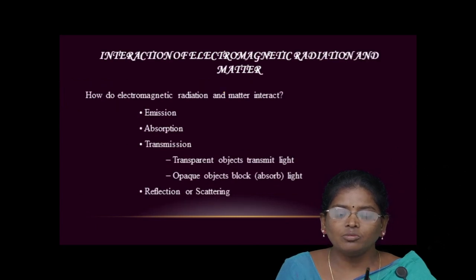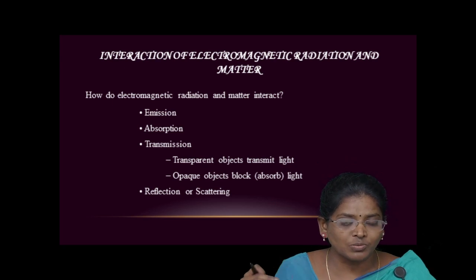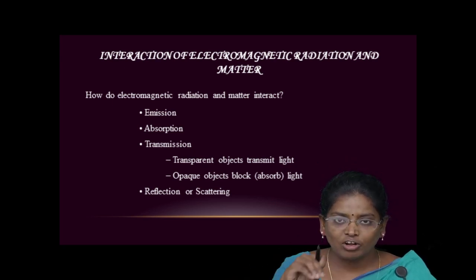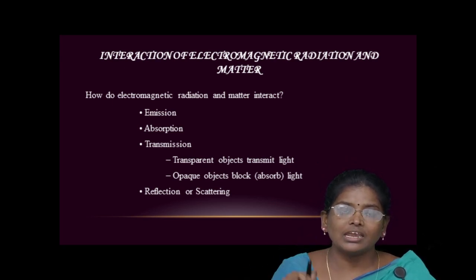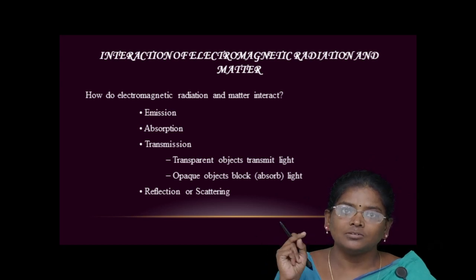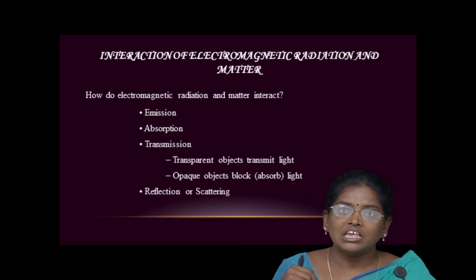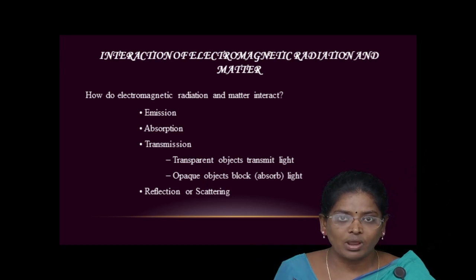Now let's move on to the types of interaction electromagnetic radiation has with objects. Once the electromagnetic radiation hits the object, it can be transmitted, reflected, scattered, absorbed, or emitted. So these are all the things that can happen with the interaction of electromagnetic radiation.